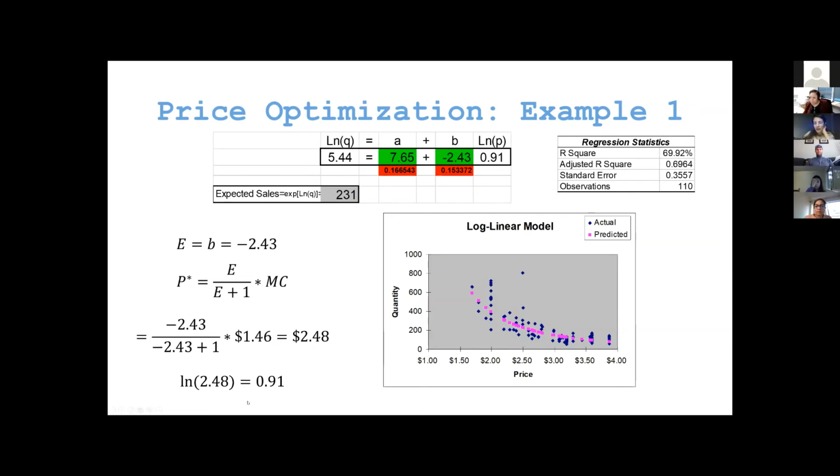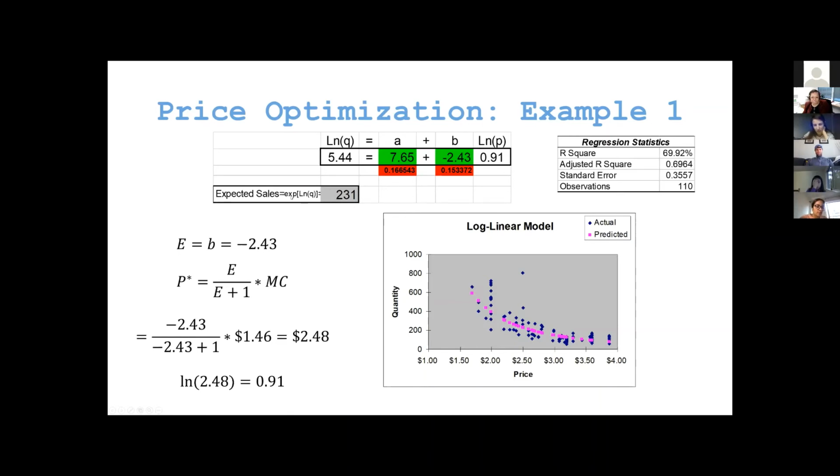Okay. Is there any tool in Excel to convert the log of quantity, so this 5.42, to understand the real quantity which we'll be selling? Deanna, I'm glad you asked that question. Let me point this out.